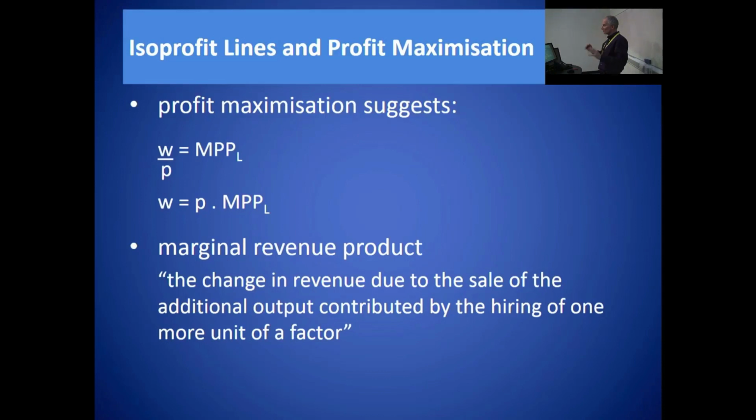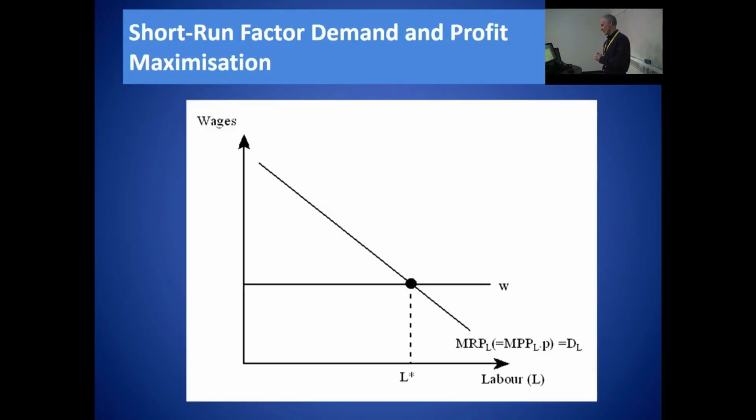And that's uncontentious. This goes back to what I said right at the beginning of the lecture. A firm will continue to employ labour so long as it's profitable to do so. If it's not profitable, you don't employ the labour. If it is profitable, you do employ it. That is all that expression is telling us. And if you don't believe me, I'll show you in the following diagram.